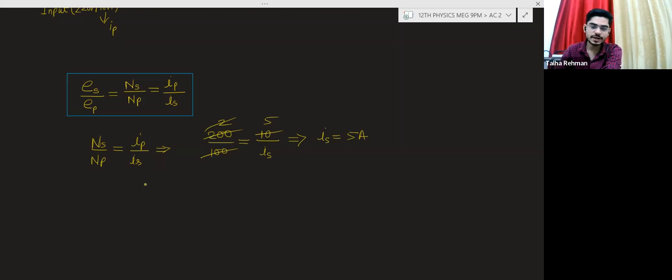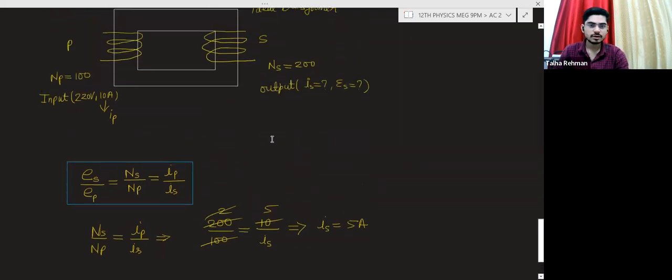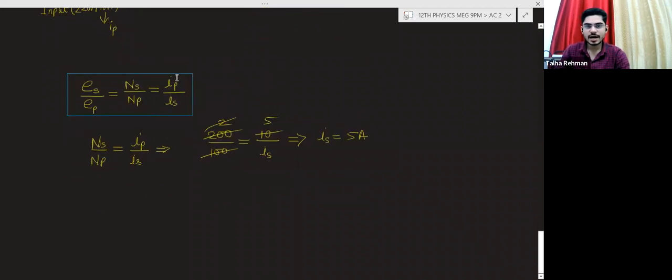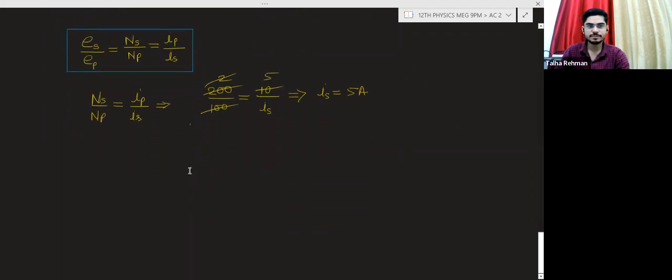Now, if you want to find secondary voltage, then either you can use this formula, or you can use simply ES by EP is equal to NS by NP. What is ES you want to find?